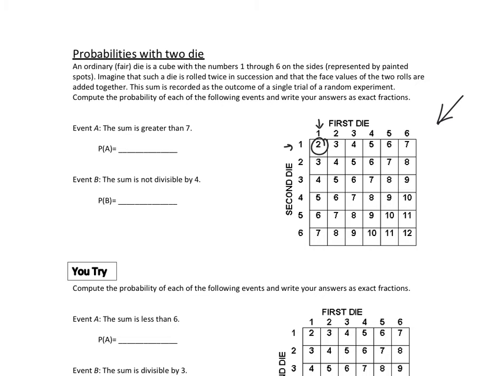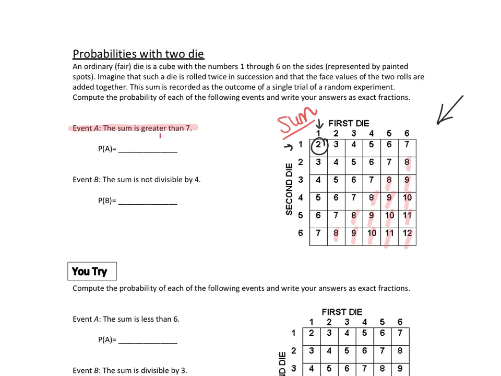So for example, event A says they want the sums that are greater than 7. Again, this is the sum chart, so all of those numbers on the inside are sums. We're just going to count how many of the sums are greater than 7. So we've got 1, 2, 3, 4, 5, 6, 7, 8, 9, 10, 11, 12, 13, 14, 15. So I counted all the numbers that were greater than 7.